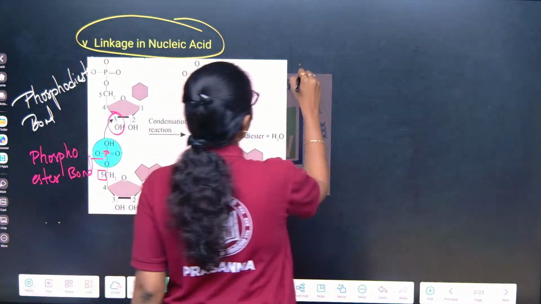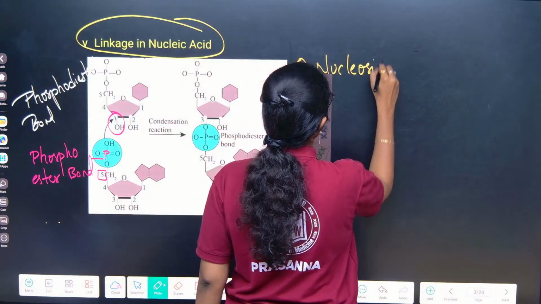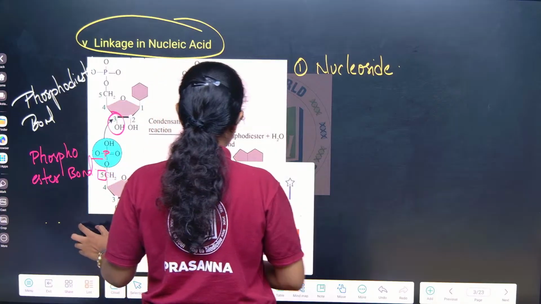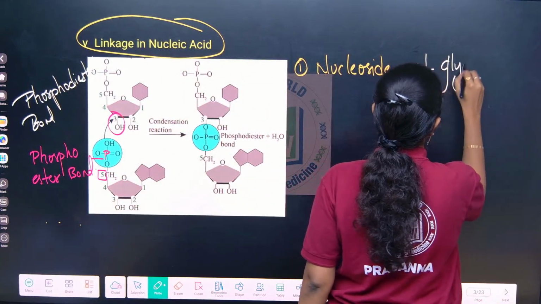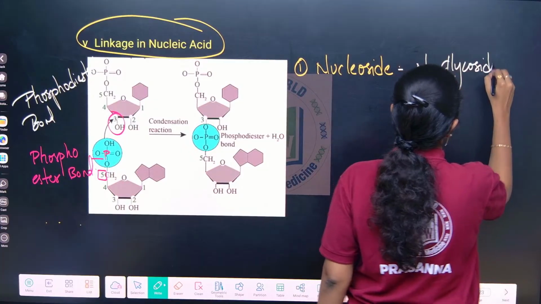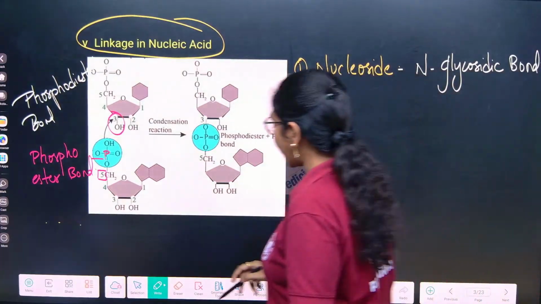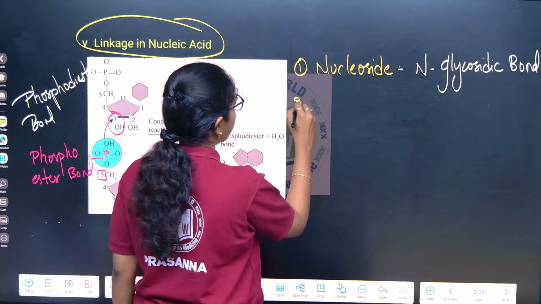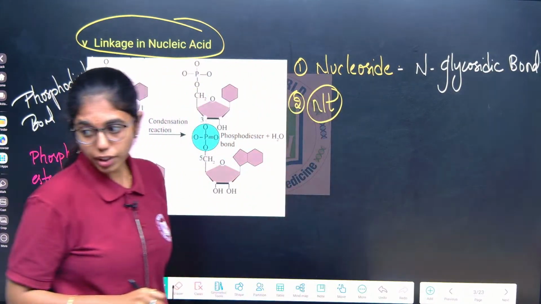First, for the formation of a nucleoside, what bond is involved? N-glycosidic bond. Second is for the formation of a single nucleotide.